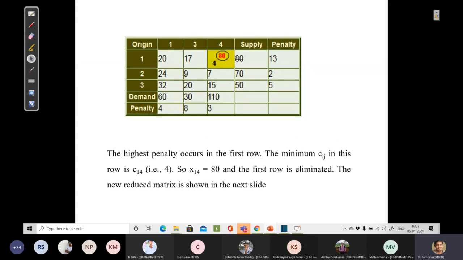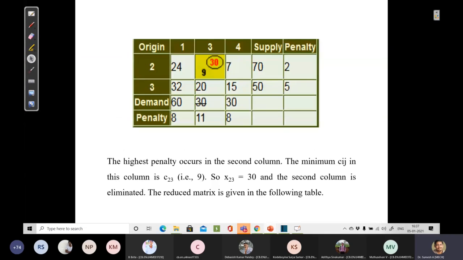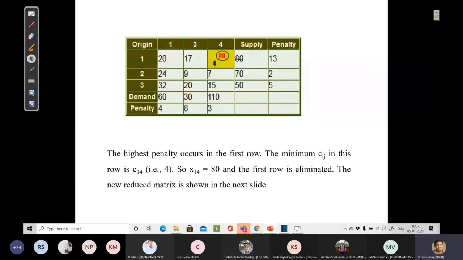Okay, now next step. Column 3, sir. Largest difference is 8. Correct.